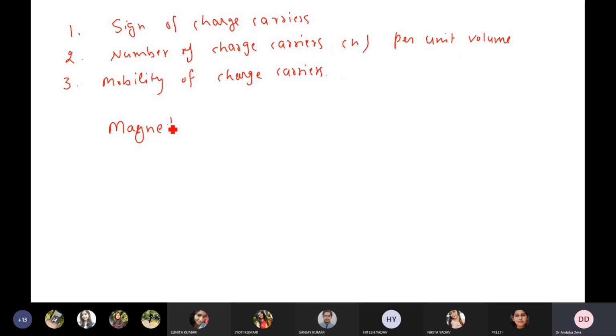So, magnetoresistance. The magnetoresistance of a crystal refers to the change of electrical resistance of a crystal when a magnetic field is imposed.